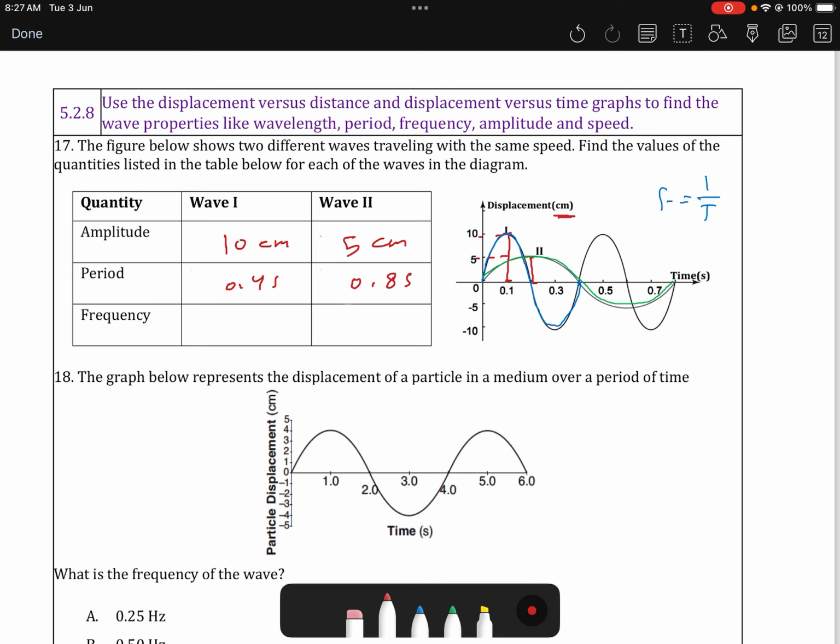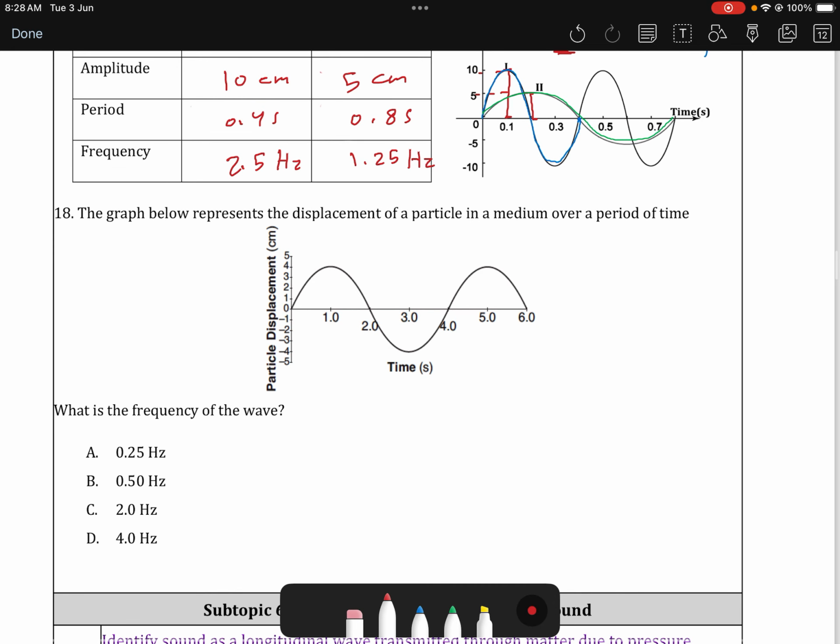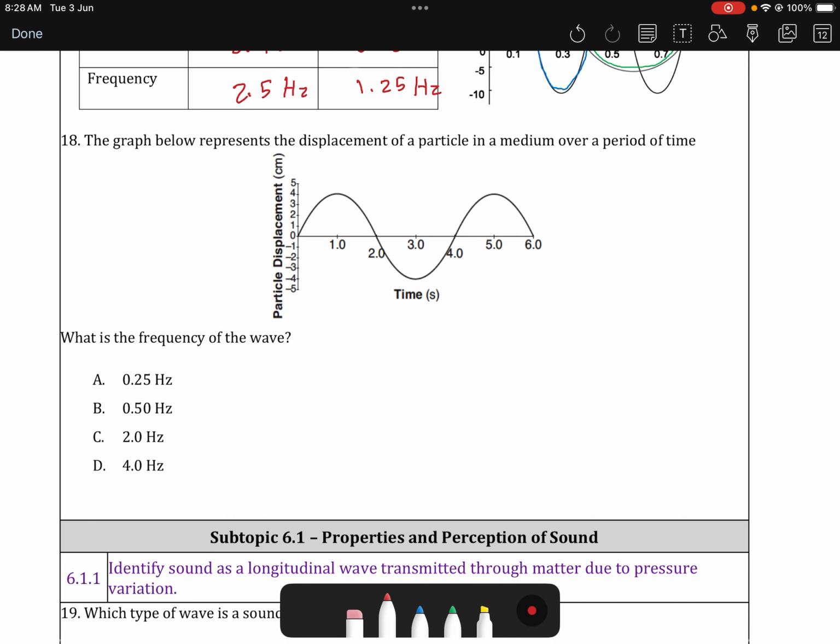Using this formula, we can find that the frequency for the first wave is 2.5 hertz. For the second one, it is 1.25 hertz. Right? That's it. Let's go to the next question.